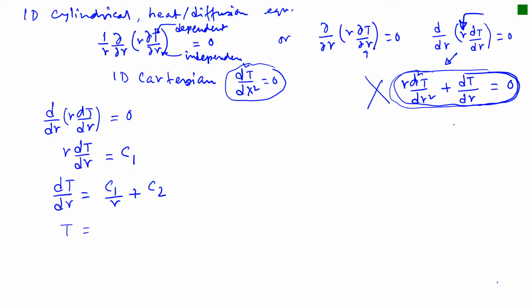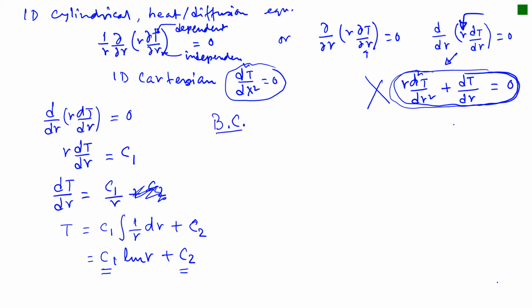So T is equal to C1 integral 1 over r dr plus C2. When we integrate, we get the constant of integration, so T is equal to C1 natural log of r plus C2. Now C1 and C2 are unknowns, so we get them from boundary conditions.